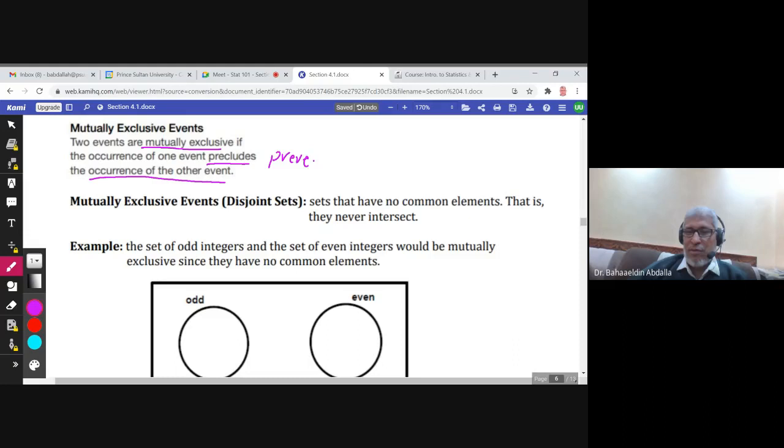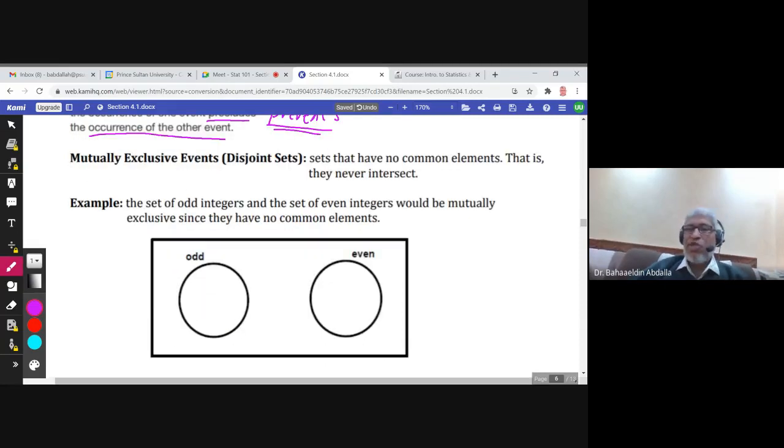So the occurrence of one event will prevent the occurrence of the other event. They cannot happen at the same time. So they are like disjoint sets. They have nothing in common, no common elements. They never intersect. This is what we mean by mutually exclusive.